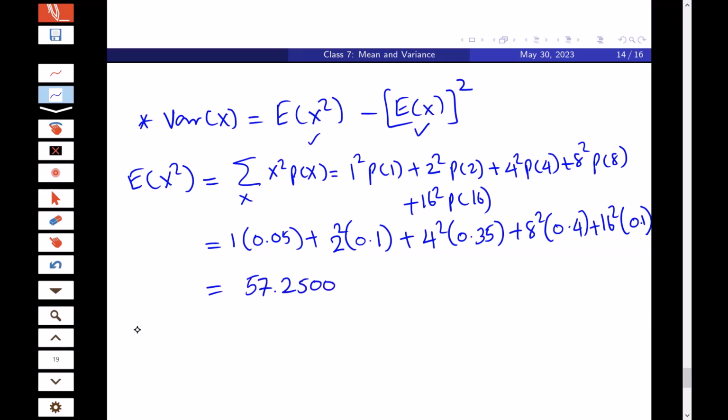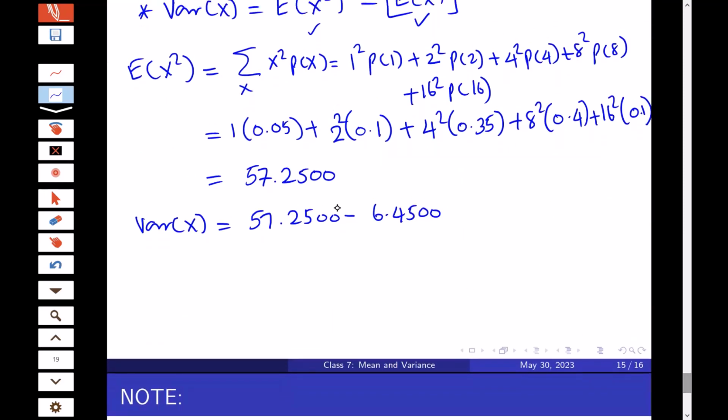57.2500. Now we can find the variance of X, which is 57.2500 minus 6.4500. Okay, so the final answer, don't forget you have to square this one.